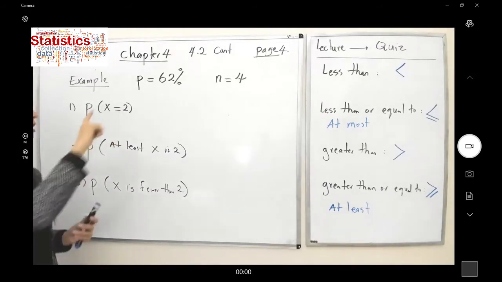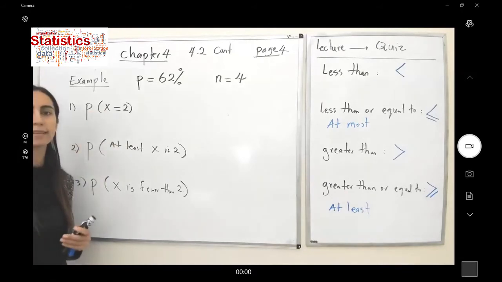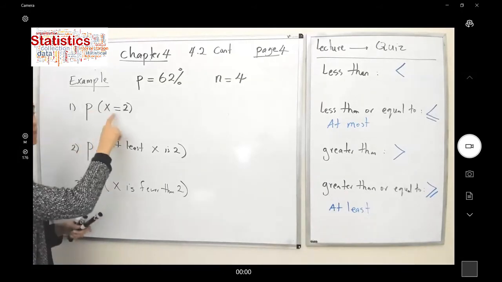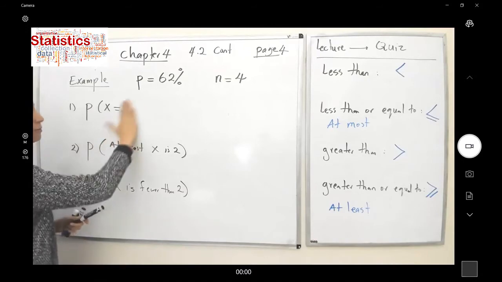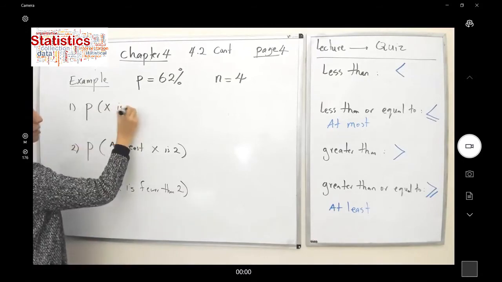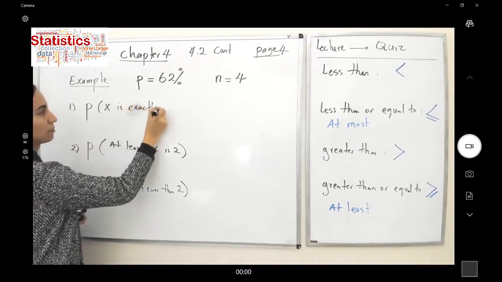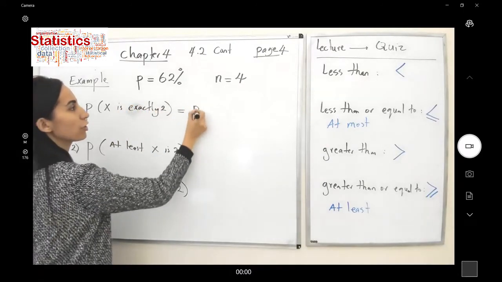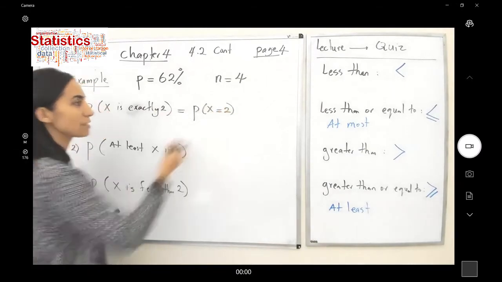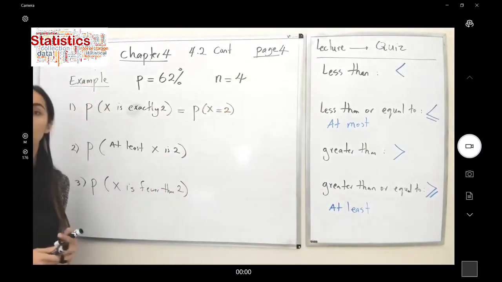So for the first one, X is exactly 2. Since X is exactly 2, it means that you're finding the probability that X is equal to 2. You're going to use your calculator.